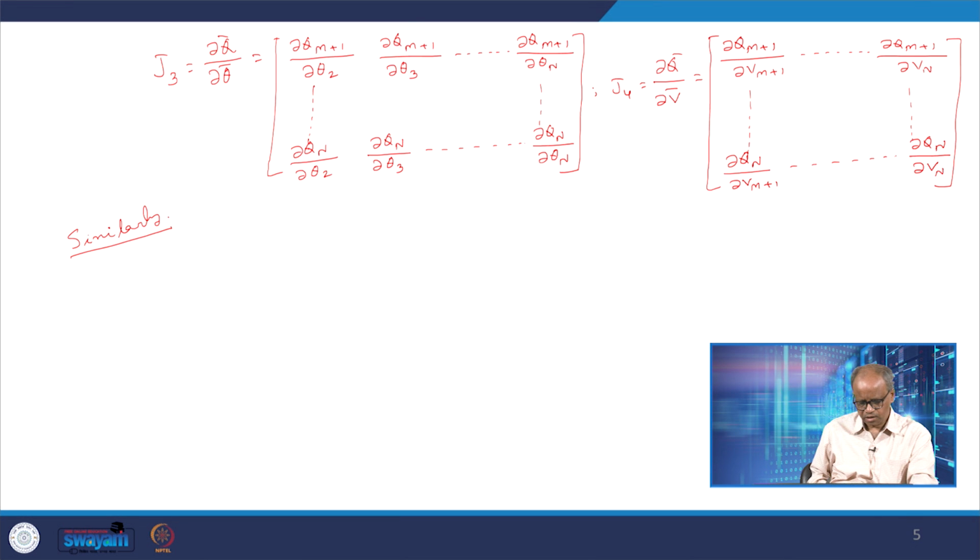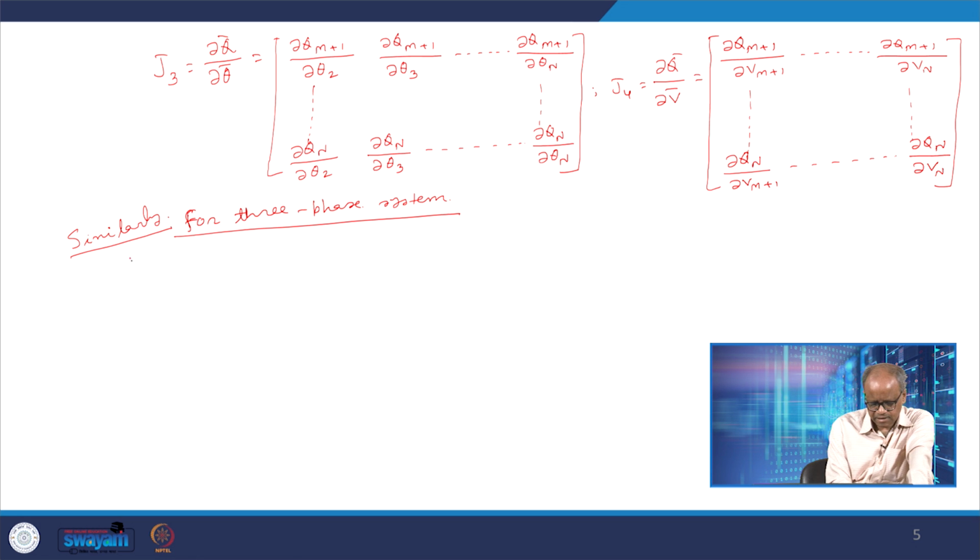So I can say similarly for the three phase system, by the same token, del P, del Q, del P gen and del V specified, that is the known quantity.